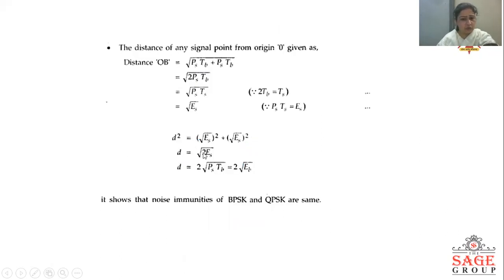It will be root 2 ES. So d is equal to twice root PS TB, which is twice root EB. Here we can see that the distance between the two signal points in QPSK is the same as that we calculated in BPSK. So the noise immunity in both cases, BPSK and QPSK, is the same.